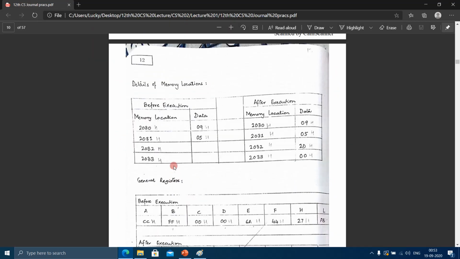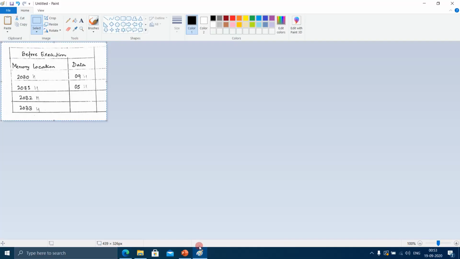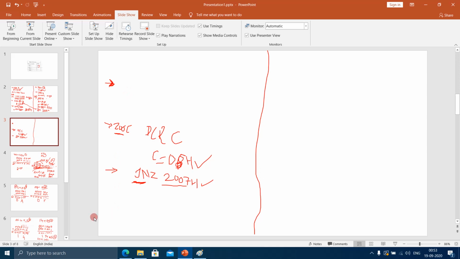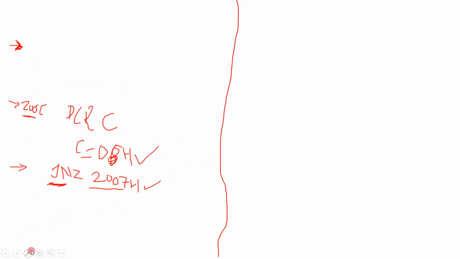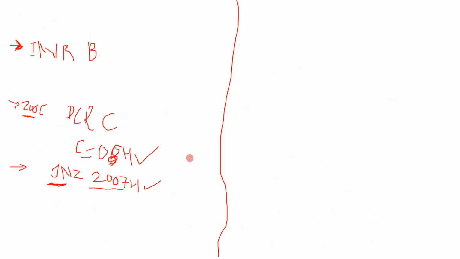So soon after JNC, which instruction is there? There is INR B. That means increment B. B initially is 00. When there is carry, it will increment B and B will become 01.